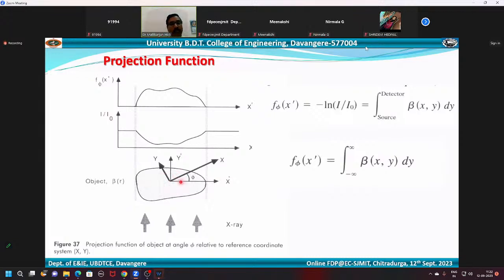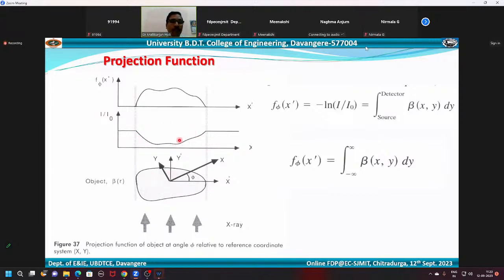The X-ray gets attenuated, and with reference to the initial intensity and the absorbed intensity, we can find out how the intensity varies. This shows how the intensity of absorption or transmission varies with reference to the object. Here there is high intensity, and here, due to the object, low intensity. So this is the intensity profile.